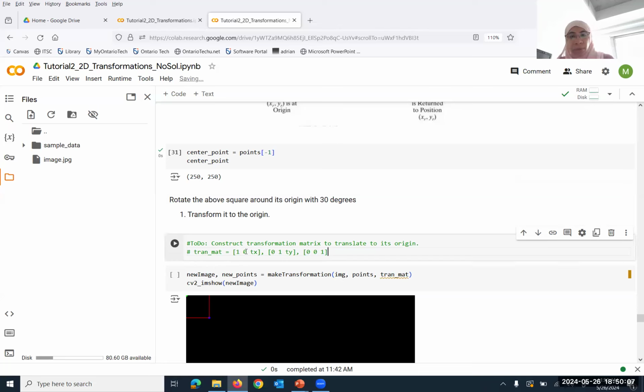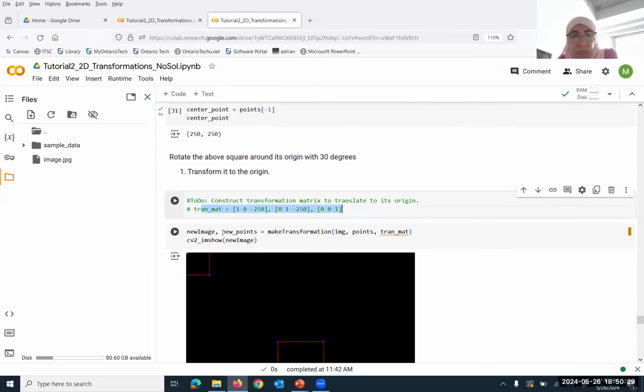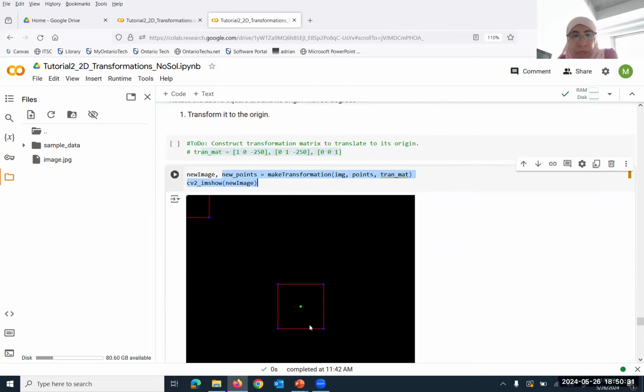Regardless of the code, what should I put for tx and ty? Negative 250. Exactly. So we will have negative 250 and negative 250. This moves the center to the origin, so this is the first thing we need to do.